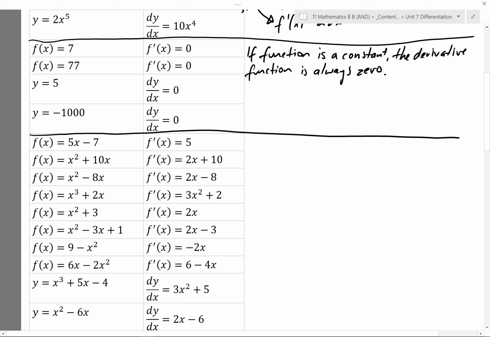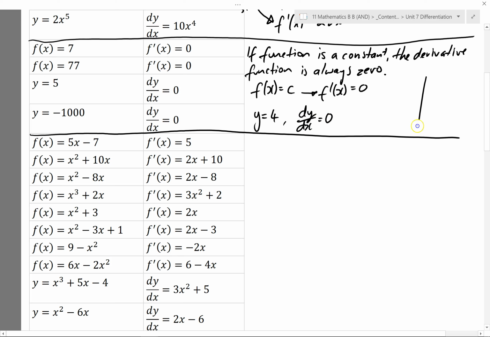What this means is if my function is just a constant, a number, say c, then my derivative is always 0. To see this in a real example, if my function is y equals 4, then my derivative is 0.